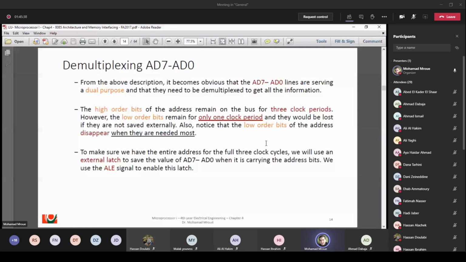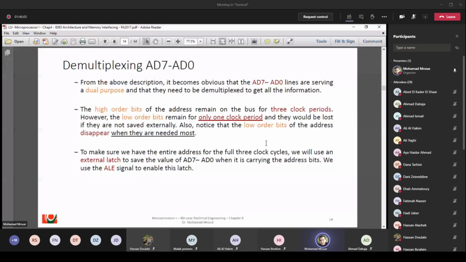The high order bits of the address remain on the bus for 3 clock periods. However, the low order bits remain for only 1 clock period and they would be lost if they are not saved externally. Also note that the low order bits of the address disappear when they are needed most. Okay?